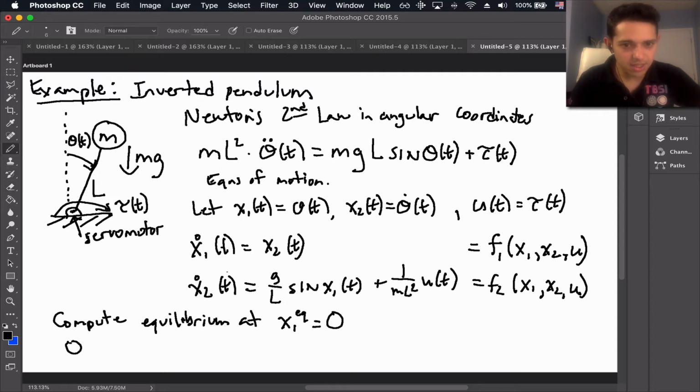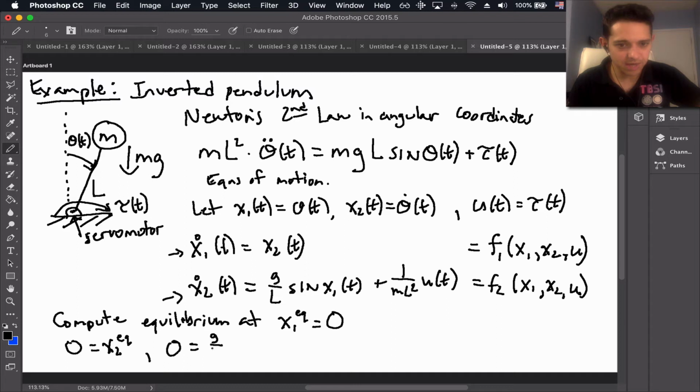Okay, so the first state equation here, I'm going to set to 0 and then evaluate the right-hand side at its equilibrium value. So immediately I get x2 EQ equals 0. Very good. And then the second state equation right here, I'm interested in when x2 dot is 0, when it stops moving.